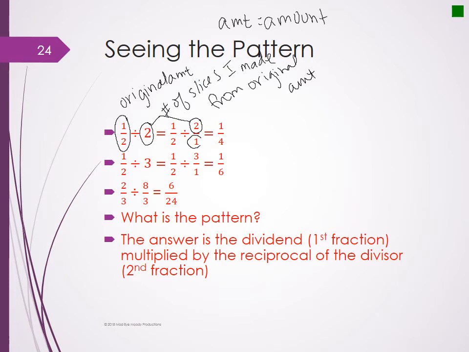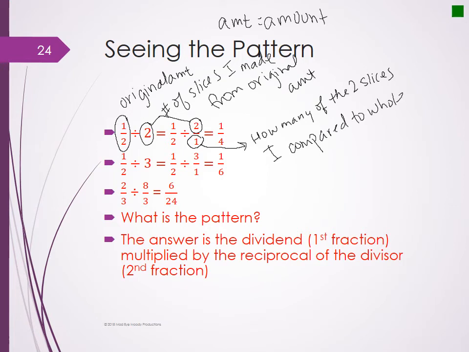But then when I wrote this whole number as a fraction, that 1 is how many of the 2 slices I compared to the whole. So here I was only looking at 1 of the 2 slices that I made out of the original half, and that was 1/4 of the whole.